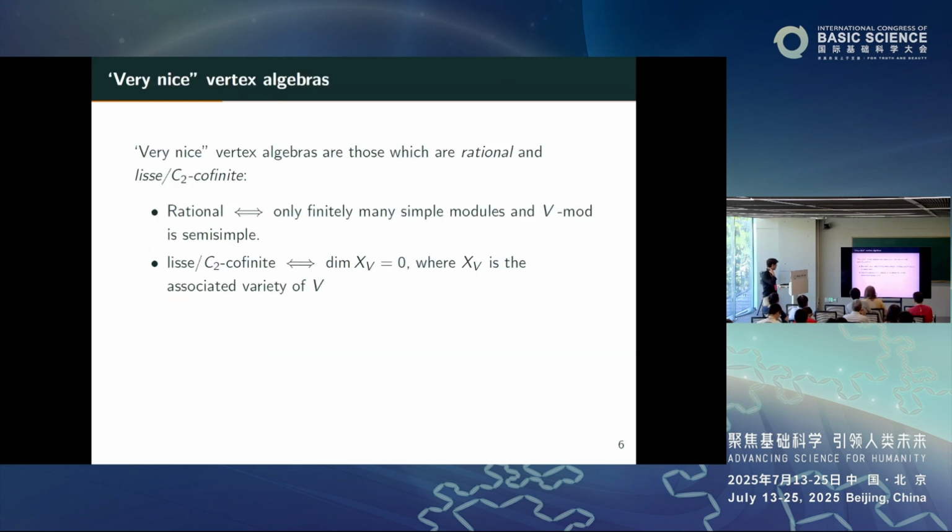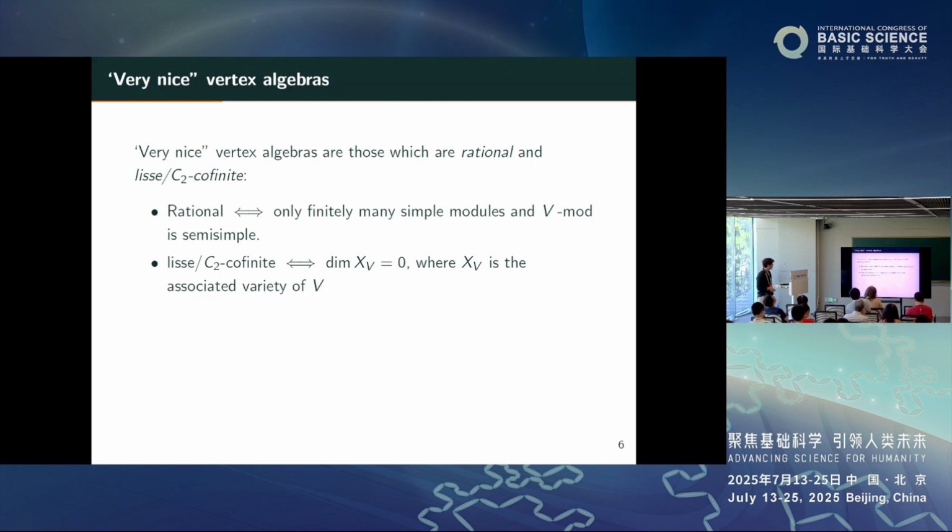So these very nice vertex algebras are those which are so-called rational and lisse, or C2-finite. Rationality means that the vertex algebra has only finitely many simple modules, and any representation is completely reducible.